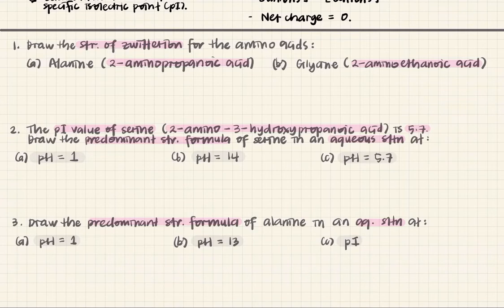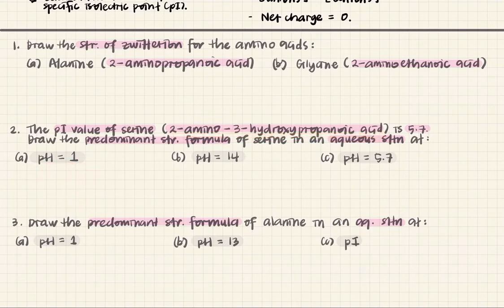So here pH equals 1, that is acidic. In acidic solution, which part of your serine will react with H+? It will be your O-. So that means that you will form the cation, the cation form of your zwitterion.